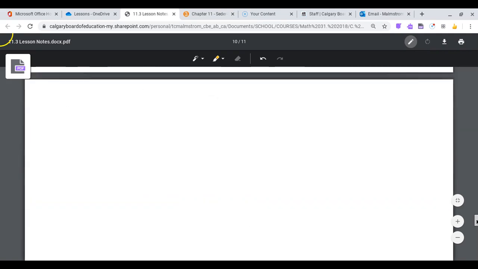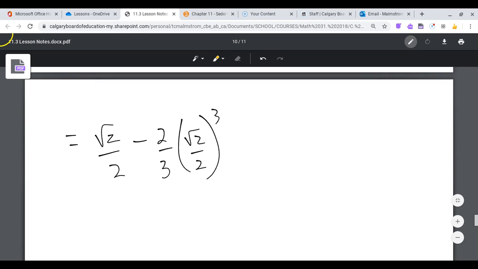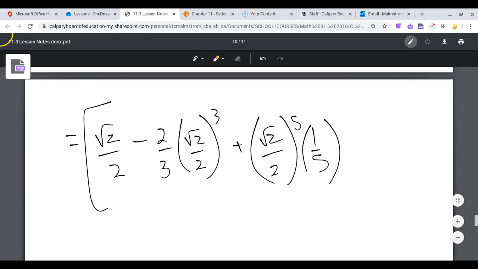And then I have to put that all in. So I would have root 2 on 2 minus 2/3 times root 2 on 2 cubed plus root 2 on 2 to the power of 5 times 1/5. And then all of that is subtracted. When you put 0 in, you get 0 for every single term.